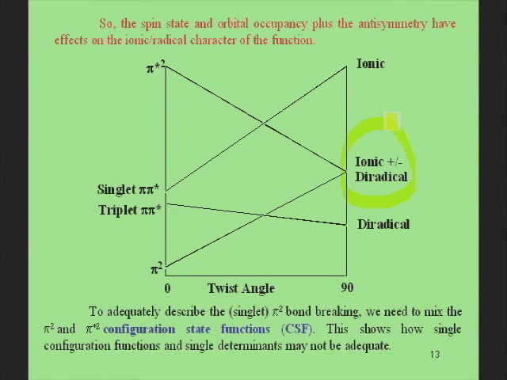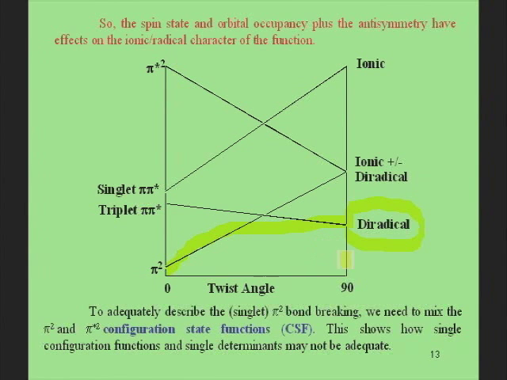So the correct way to describe the evolution of this pi squared state breaking apart into just diradical is to mix the Slater determinant pi squared and the Slater determinant pi star squared and allow them to combine in a way that at 90 degrees they get plus and minus combinations. I show this on the next slide.